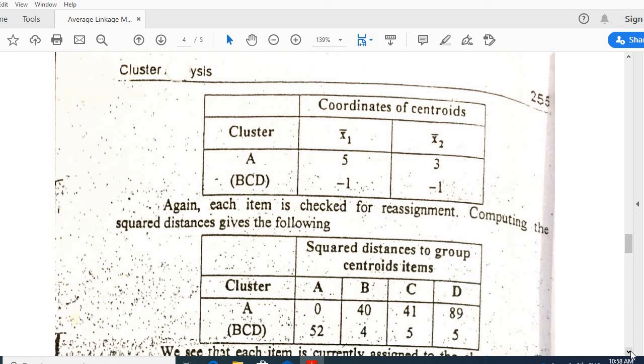Similarly, the distances of A with B, A with C, A with D are also maximum.